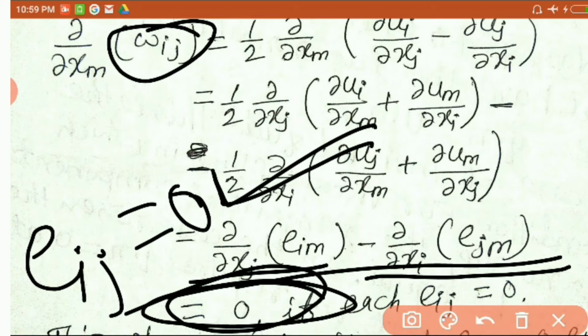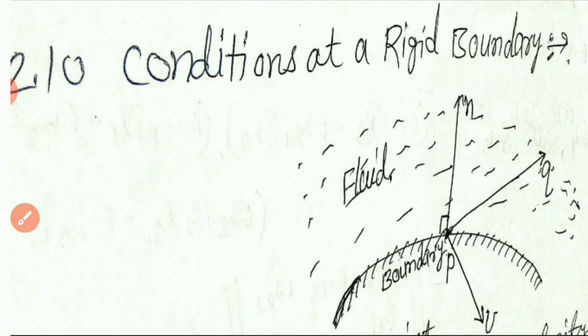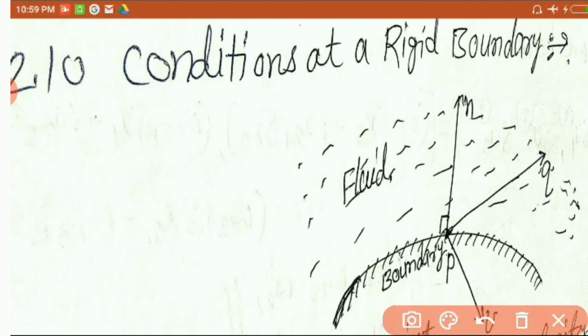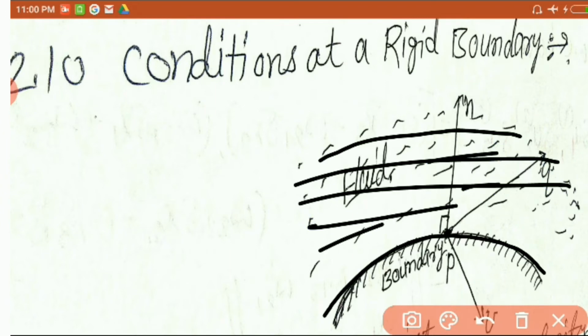Now we'll see another article, that is, the conditions at the rigid boundary. So we have here a figure, this is the boundary. Here is the point P. This is the fluid.